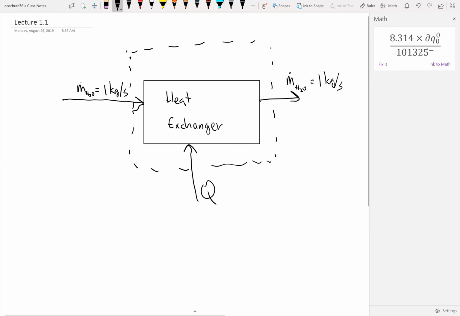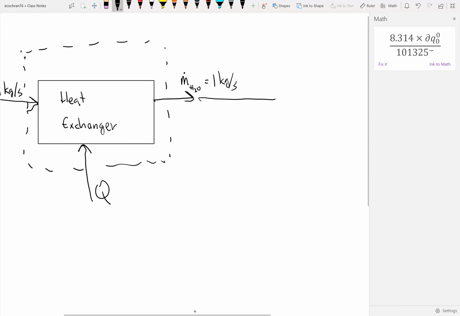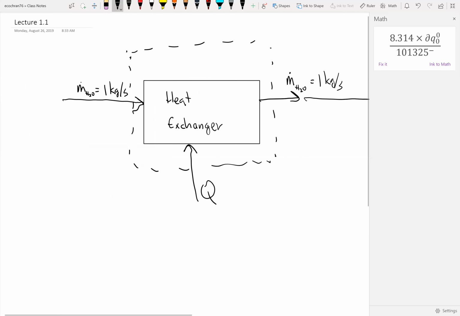All right, and so after we go through a heat exchanger, maybe our next process is a pump. So we start talking about this process. Maybe the first temperature was 100 degrees C, and the first pressure, maybe that was 1 atmosphere.